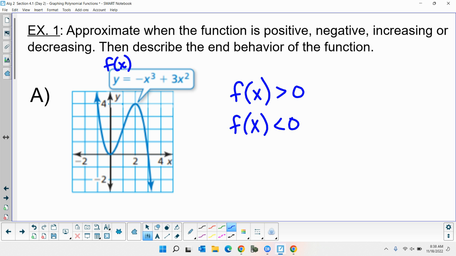What inequality is the function above the x-axis? What point is that? What number for x is that? 3, right? So from 3 this way, so what's this way on the x? What's way down there? Negative what?